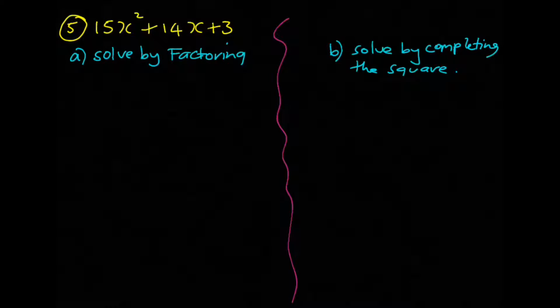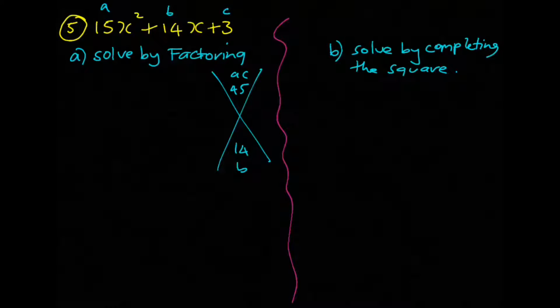Okay, part A, we can't reduce that any further. So we go ahead and start doing this. We've got A, B, C. So this is AC, this is B. So we've got AC is 15 times 3, which is 45, positive, and B is a positive 14.